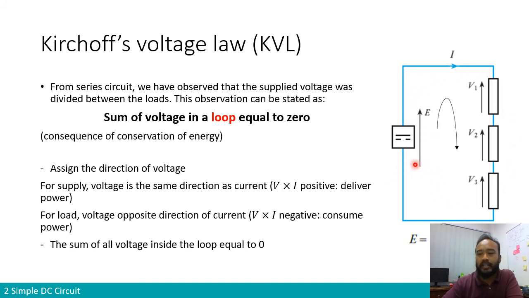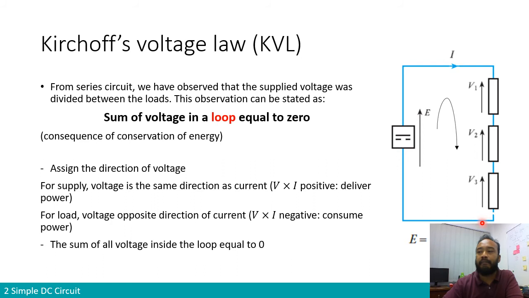So let's try this. We start at the supply, we have E, and then as we go through the loop, we encounter V1, and the direction of V1 is opposite to the current. So E minus V1 minus V2 minus V3, and then we have no more, equals 0. Or, if we isolate E, E equals V1 plus V2 plus V3.